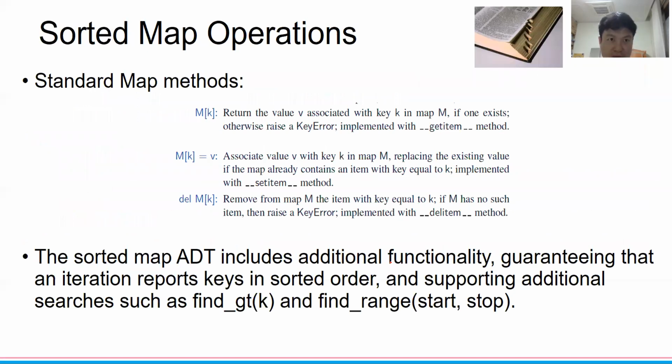The idea of the sorted map comes from the map that you learned before. Actually, this chapter should be after we learn about the map, but we learned about the concept of graph and the shortest path first, so I put this chapter at the last, and I think it's not that difficult to understand.